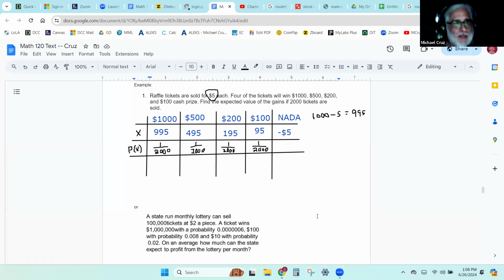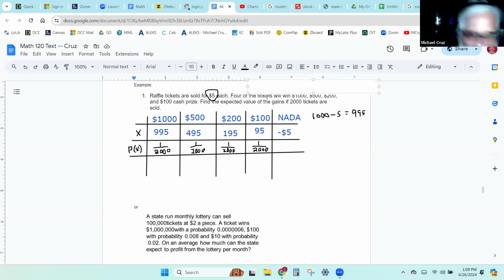How many winning tickets are there? 1, 2, 3, 4 out of 2,000. So what we need now is the probability of that nada. 2,000 minus 4 is 1996.